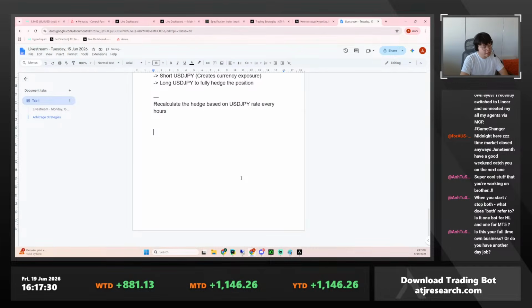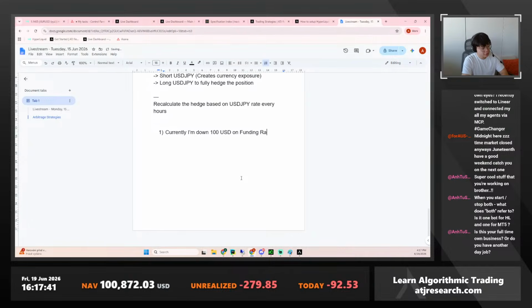So scenario number one is: currently I'm down 100 USD on funding rates on JP225, right? I'm currently down $100. And if funding rates keep going against me, I might be, let's say, minus.